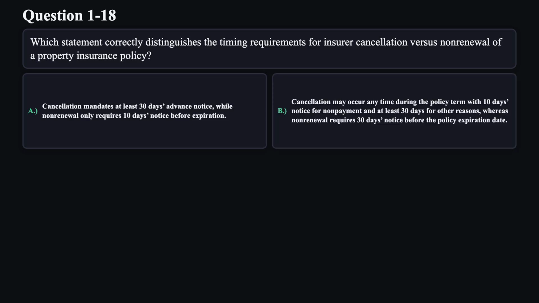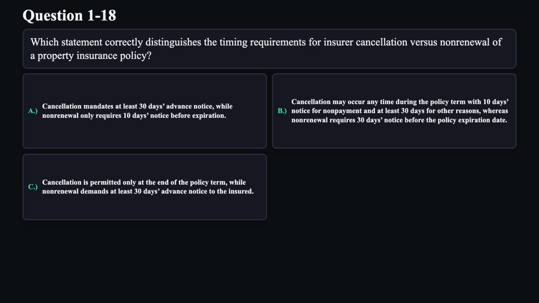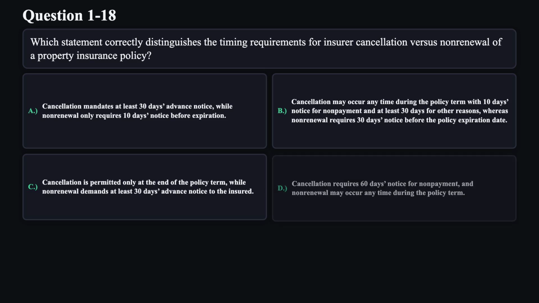B. Cancellation may occur any time during the policy term with 10 days notice for non-payment, and at least 30 days for other reasons, whereas non-renewal requires 30 days notice before the policy expiration date. C. Cancellation is permitted only at the end of the policy term, while non-renewal demands at least 30 days advance notice to the insured. D. Cancellation requires 60 days notice for non-payment, and non-renewal may occur any time during the policy term.